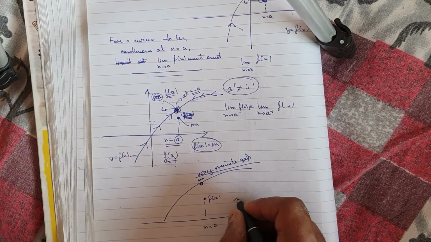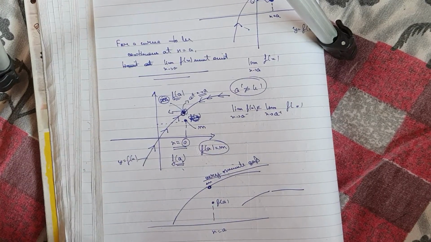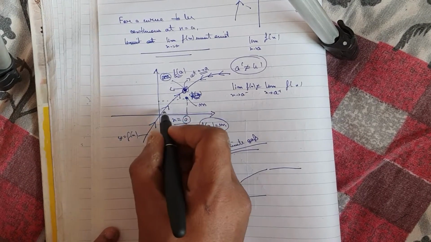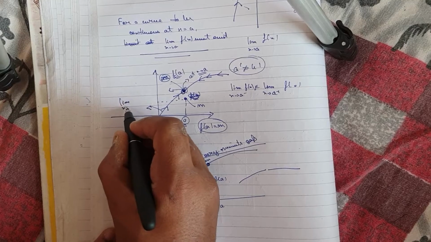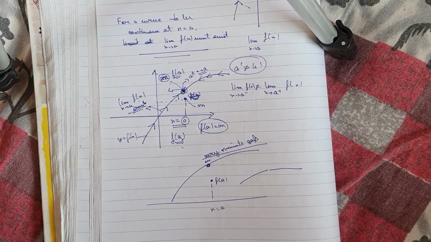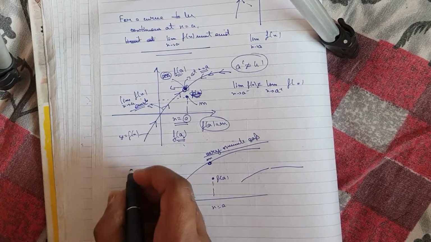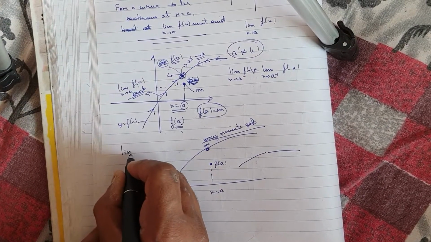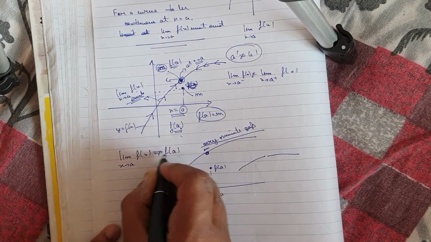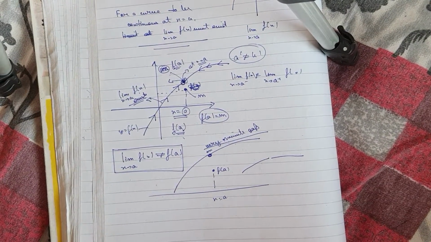That means the gap that formed between this curve made this particular graph discontinuous, because we have to lift the pen here. That means here the limit x tends to a of fx exists, but still the curve is discontinuous. What is the reason behind that? The reason is that limit x tends to a of fx is not equal to f of a.